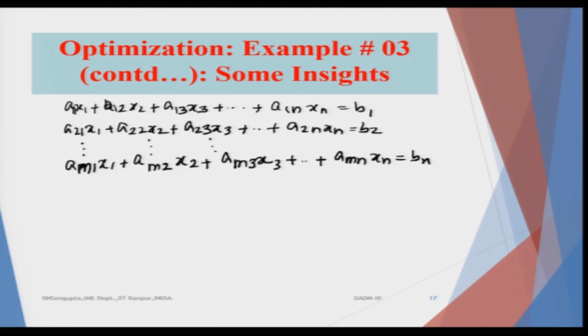Sorry, my mistake, it should be m. So, there would be m rows and n columns.